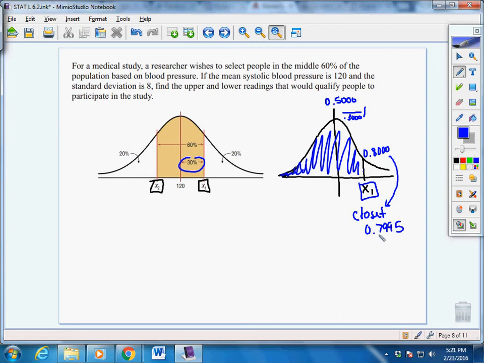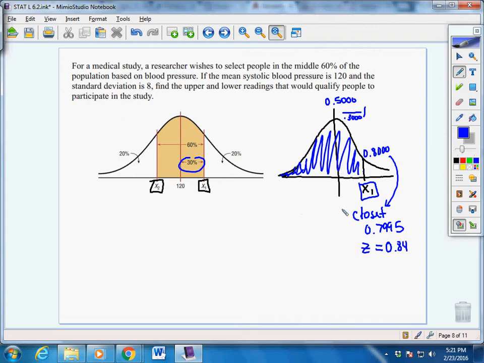Remember how we read that on the table: that correlates to 0.84. You'd come out to the 0.8 on the side and go up to 0.04 across the top. So we know our z-score is 0.84, a z-score that correlates to almost 80%.